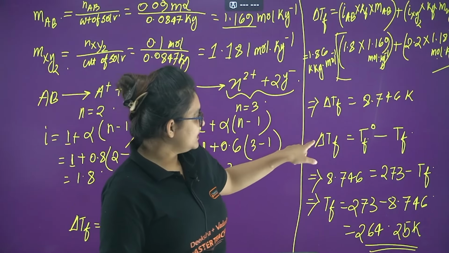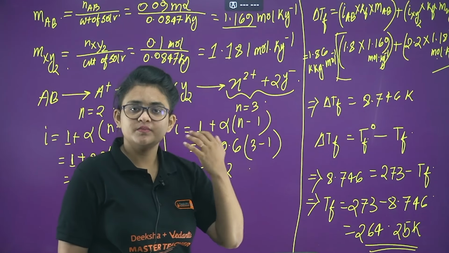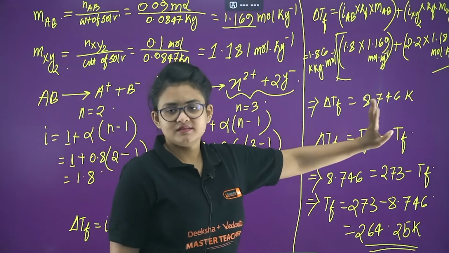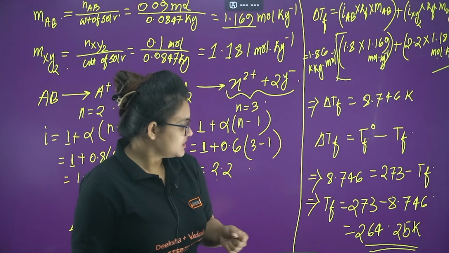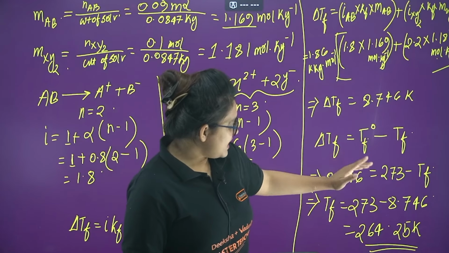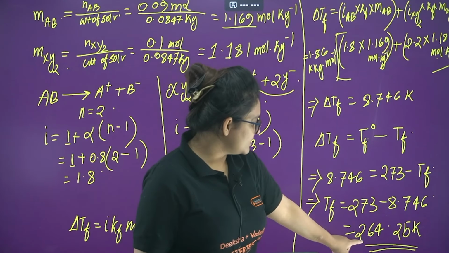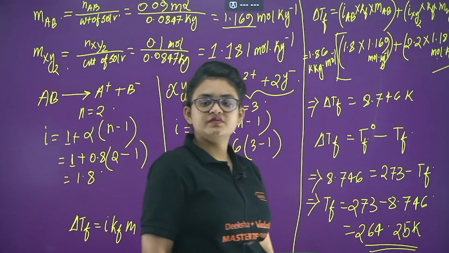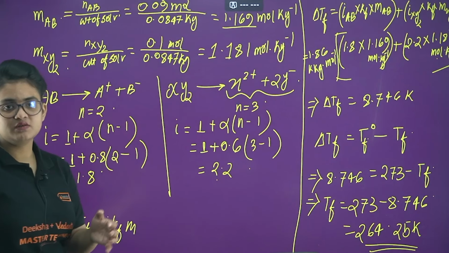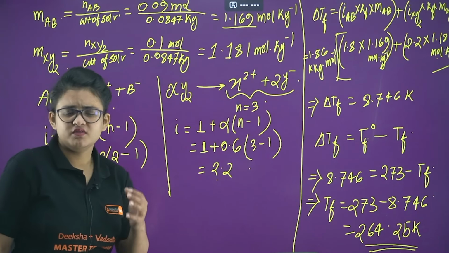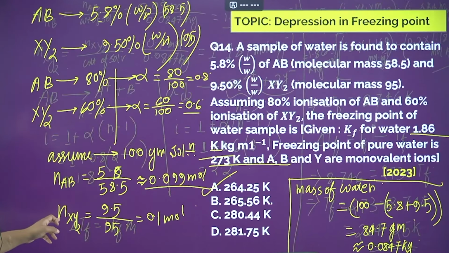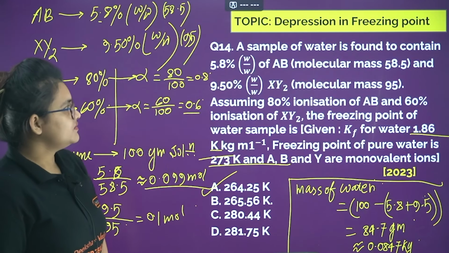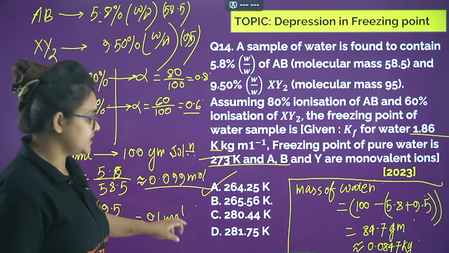Delta TF is the freezing point in the pure case minus the freezing point in the solution phase. So if you put the values and find out TF, it is coming as 264.25. I know it's a big one, a little bit complicated, but if you understand step by step, it will be easier, I guess. I guess you understood this problem. Let's proceed to the next one.